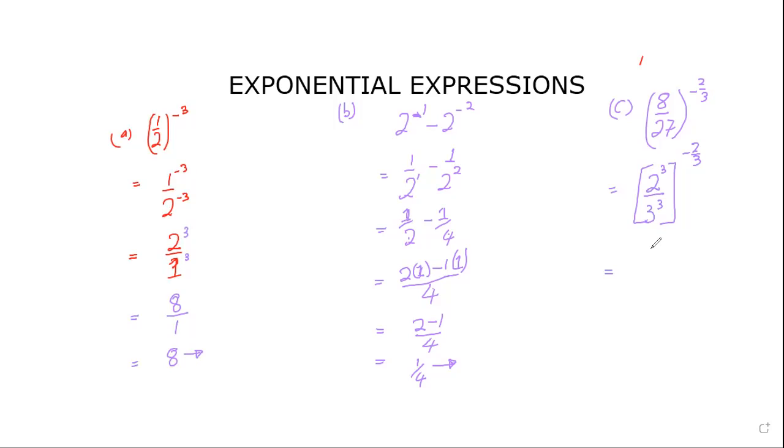This can be written as 2/3 to the power of 3, to the -2/3. This becomes 2 over 3. The 3 will drop with the 3 there. Negative 2.